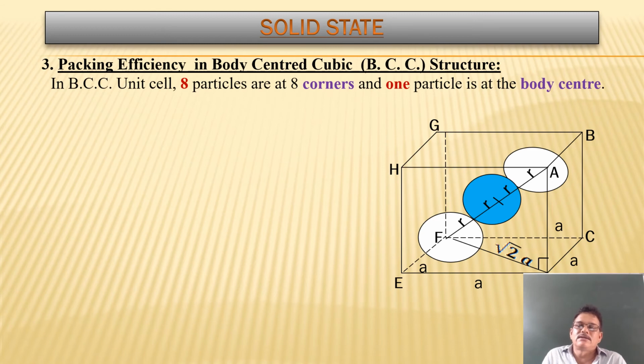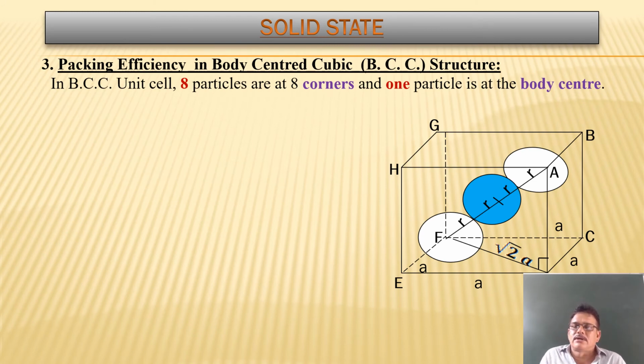If we join H and C, we will get another body diagonal. If we join E and B, we will get another body diagonal. So in a cube, we can draw 4 body diagonals.